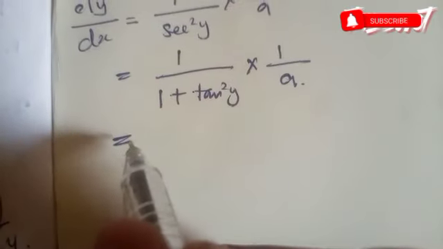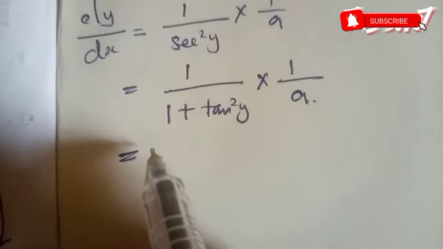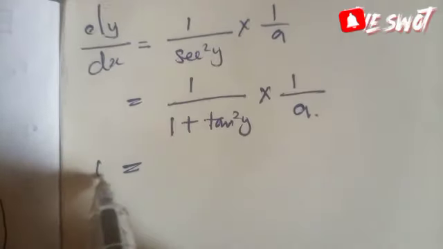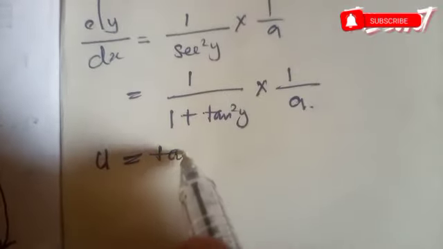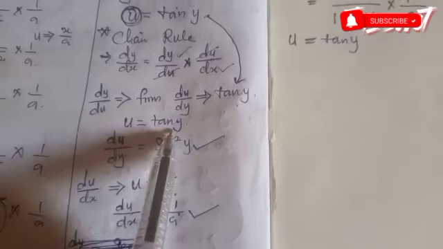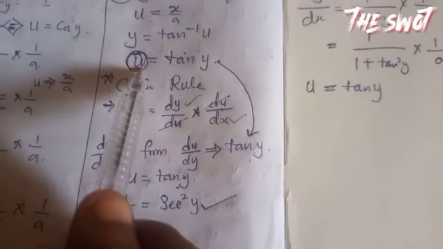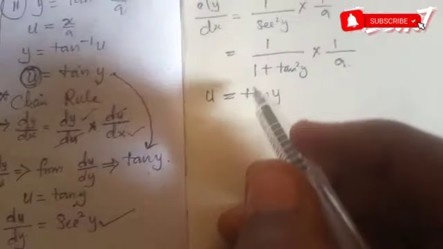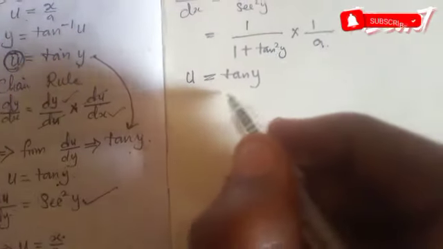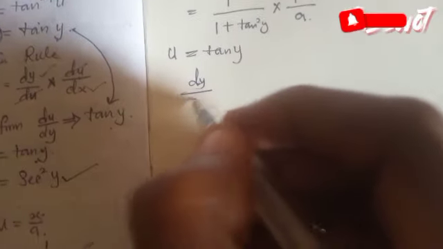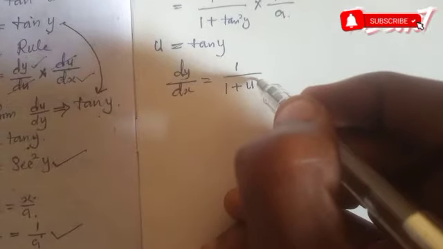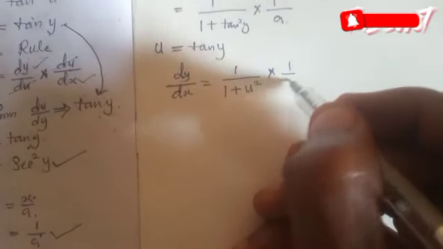And from the question, u is tan y. If you look at it from this place, u is tan y, right? So our dy dx is now 1 over 1 plus u squared times 1 over a.